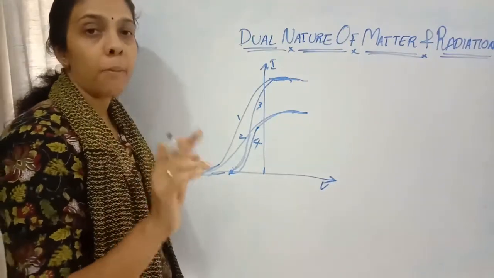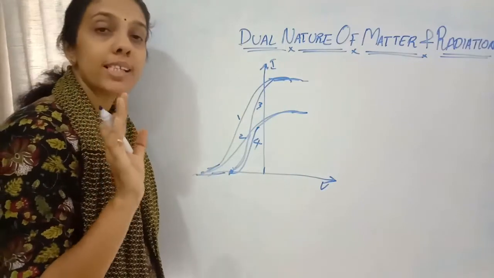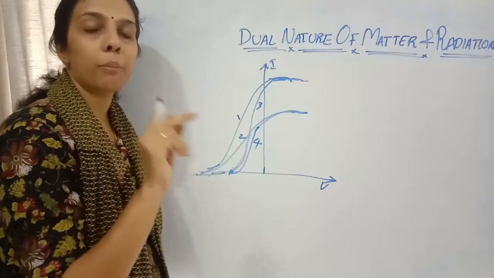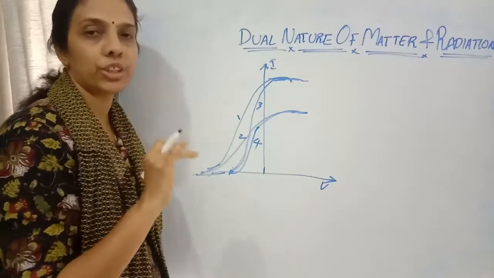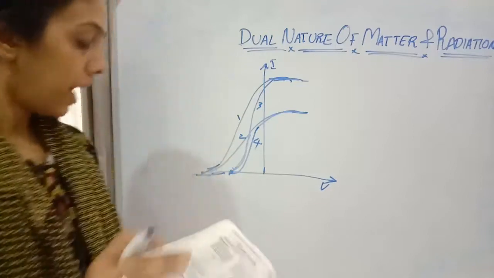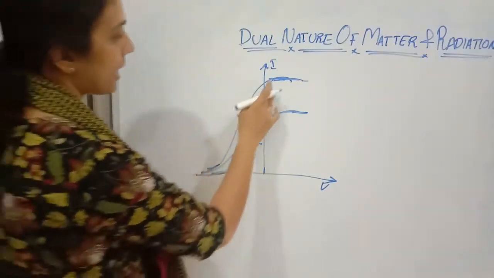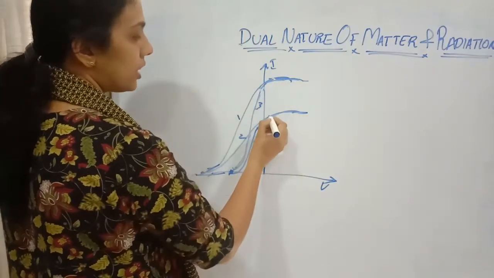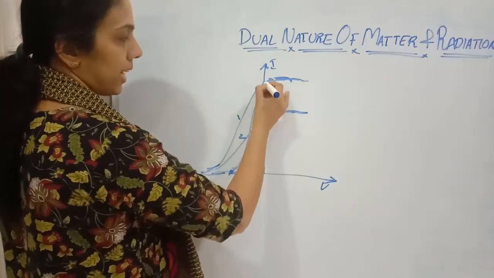Materials are different but same intensity. Same intensity means which ones have the same saturation current. Same intensity of radiation means the maximum will be the same.